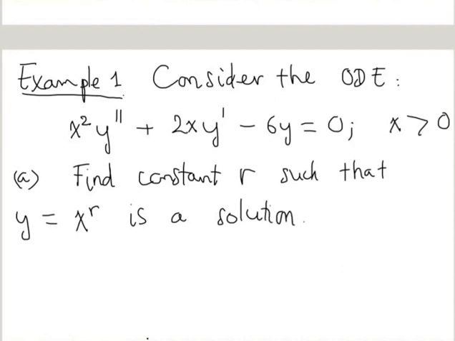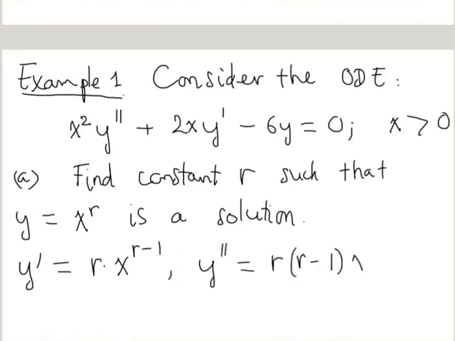We did this in topic 1. So to do that, we just take derivative using the power rule. We have r x to the r minus 1, and then the second derivative will be r times r minus 1 times x to the r minus 2.